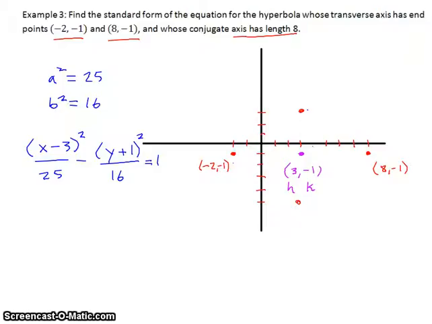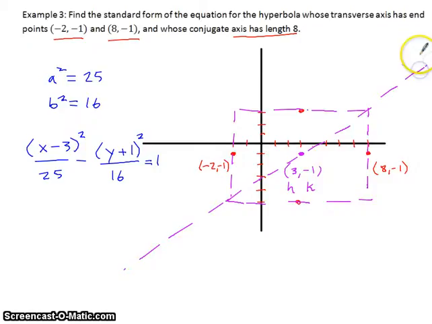We have our a's and our b's located, and so that means that we can identify the rectangle that shows us the asymptotes that bind the hyperbolas.